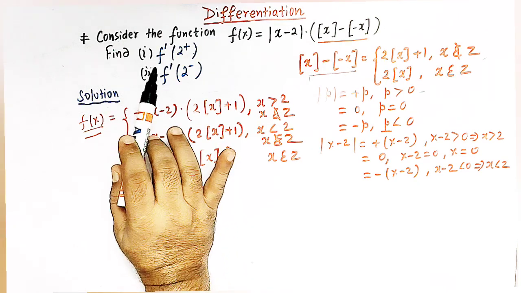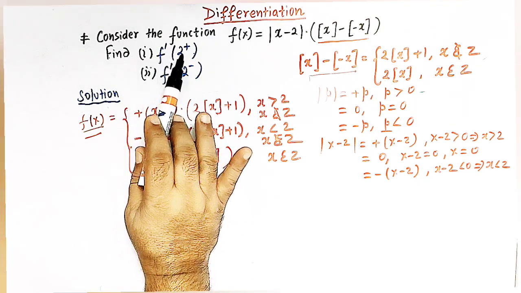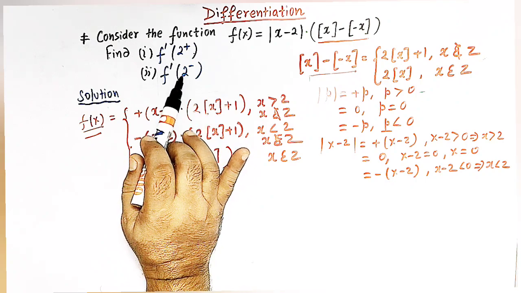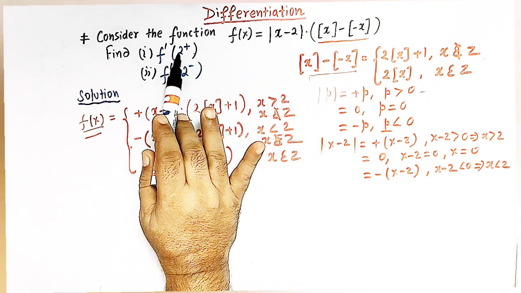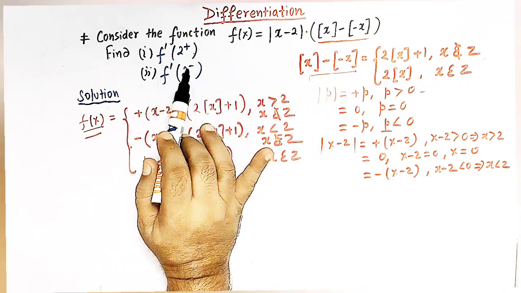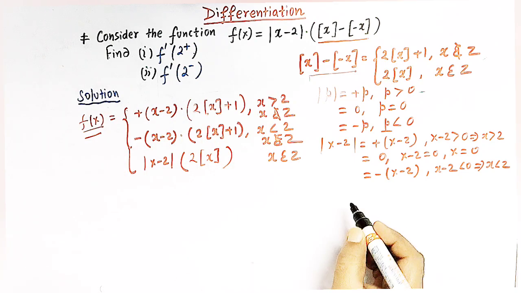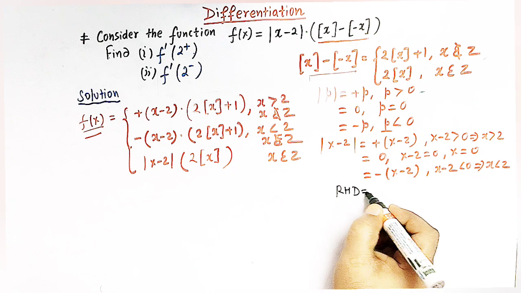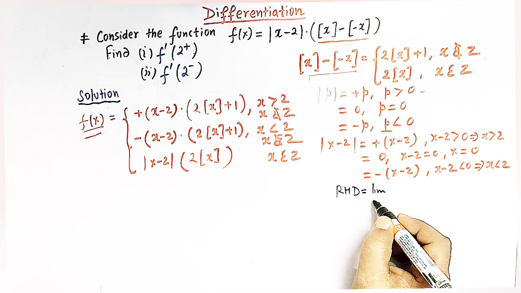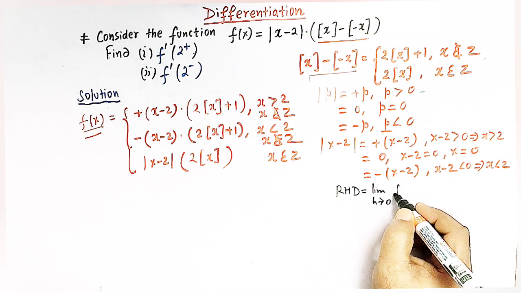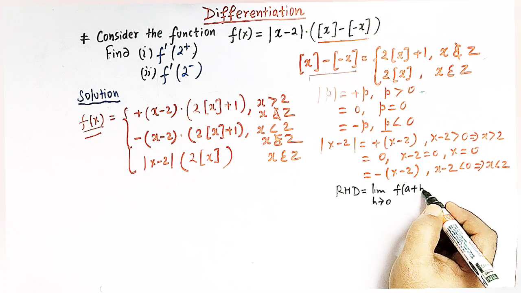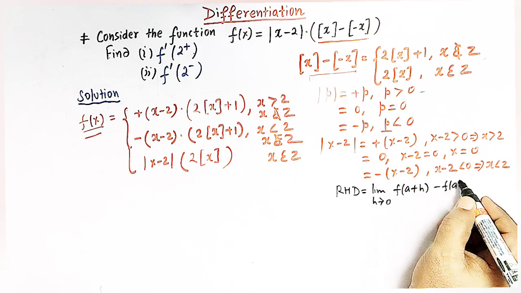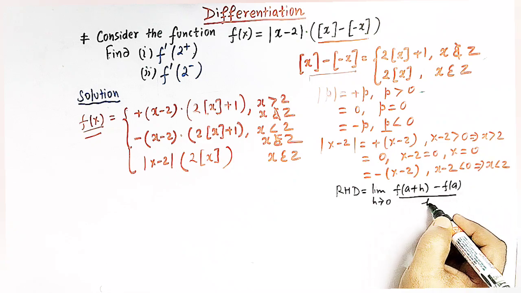So now we have to find out the right hand derivative and the left hand derivative of this function at this point, that is x is equal to 2. So let us define the right hand derivative by this limit, that is limit h tends to 0, f of a plus h minus f of a, divided by h.